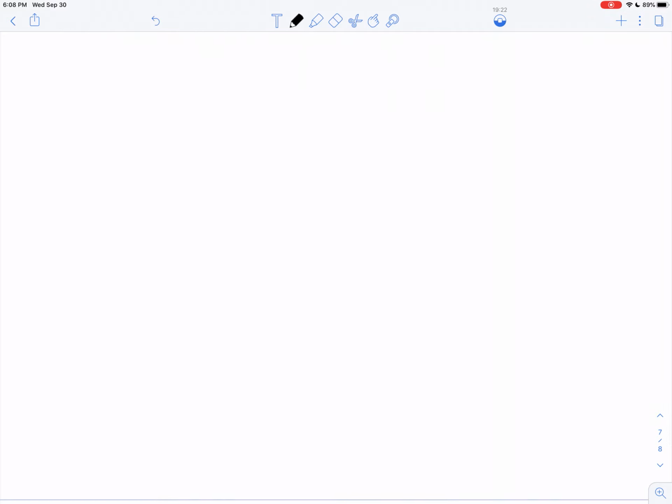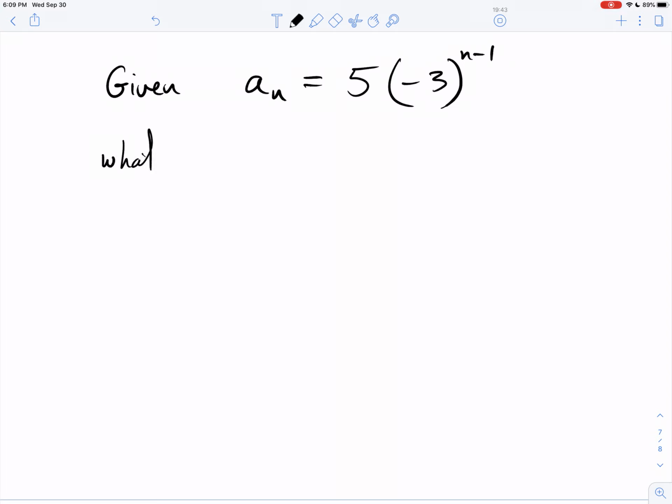They will say, given a sub n equals 5 times negative 3 to the n minus 1, what are the first three terms in the sequence?